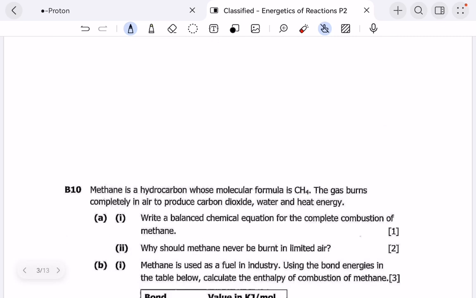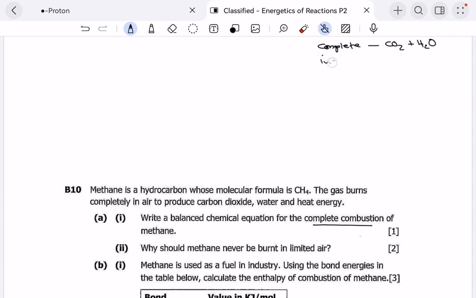So the first question requires us to write a balanced chemical equation for the complete combustion. If you understand combustion, we have two types: complete and incomplete. If your combustion is complete, it produces carbon dioxide and water.